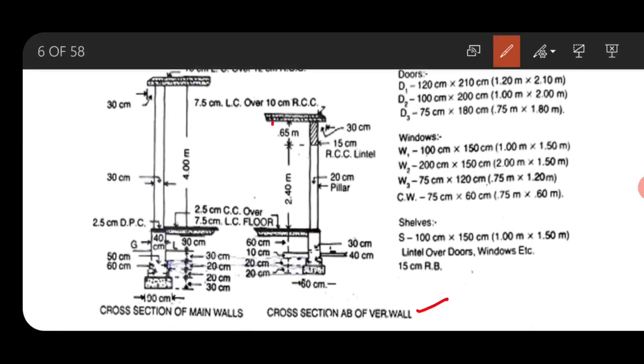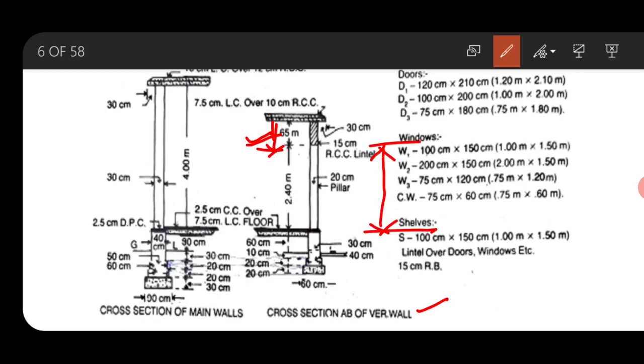Here you can see there is some brickwork of 0.65 meter on the entire veranda. So first in this calculation, we will consider the entire veranda as solid and then we will subtract the portions where there is no brickwork.